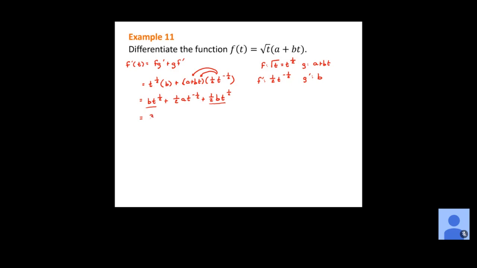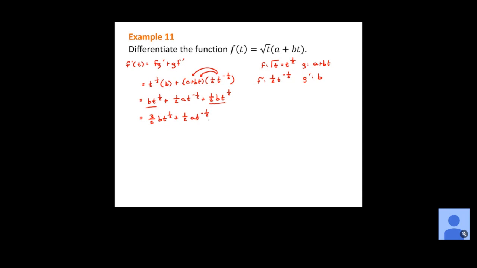Good. 3/2 b t to the 1/2, and then we have our 1/2 a t to the negative 1/2. Because again, the coefficient of the first term is just a 1, and then we're adding the 1/2 coefficient. 1 plus 1/2 is 3/2, and then we just keep the b t to the 1/2.